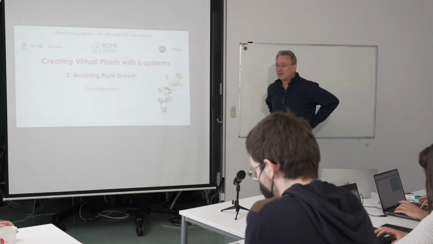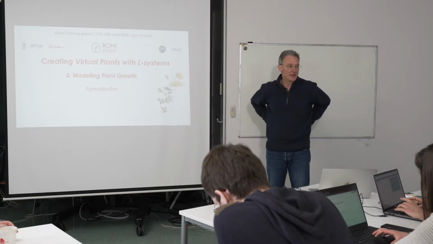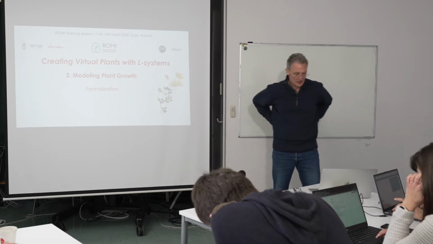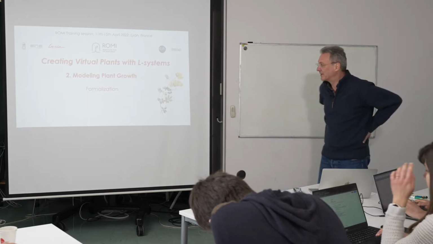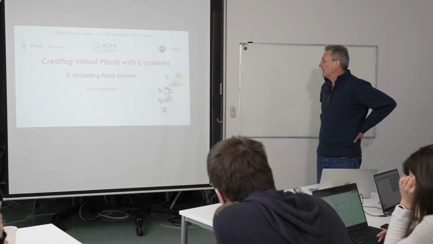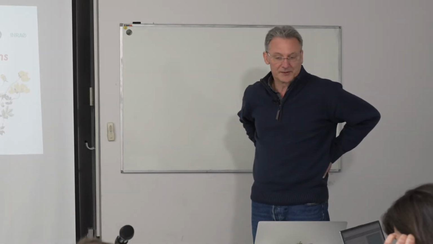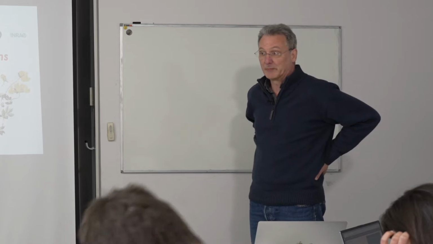This morning we saw what a plant architecture is, what the different terms are to qualify the growth process, and how it goes. And this afternoon we progressively go towards the notion of programming plants.